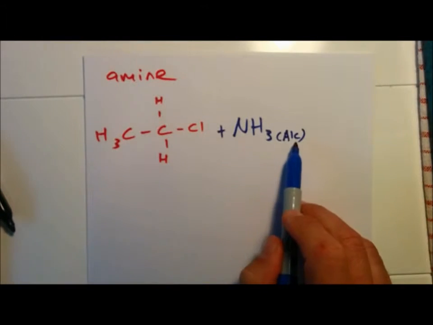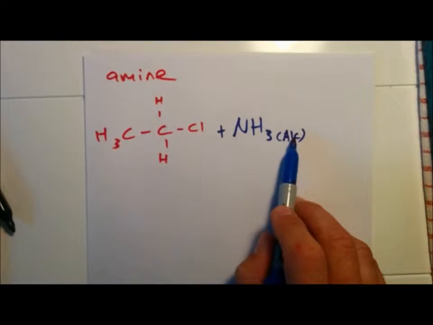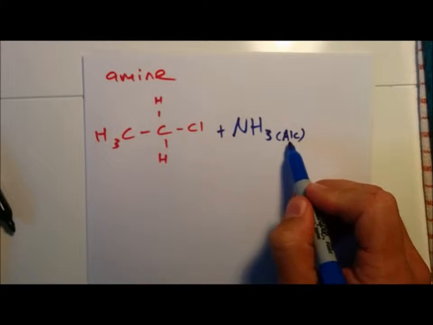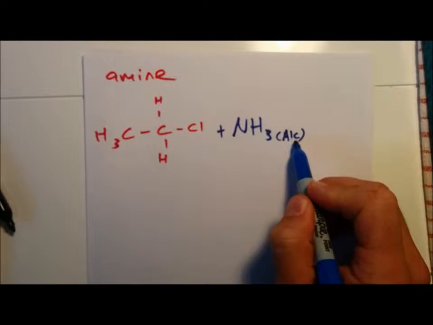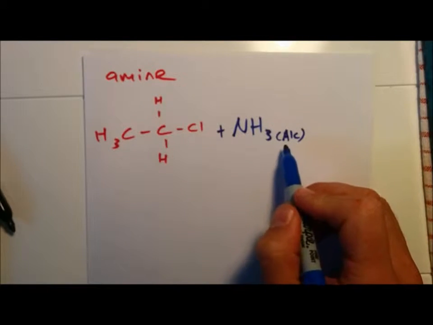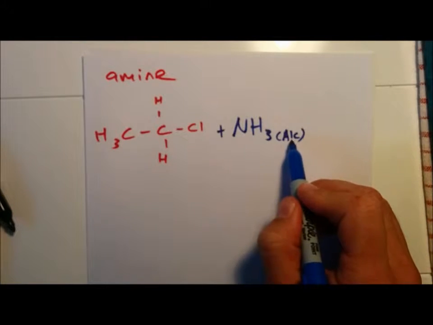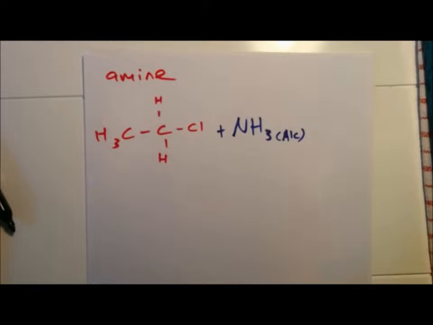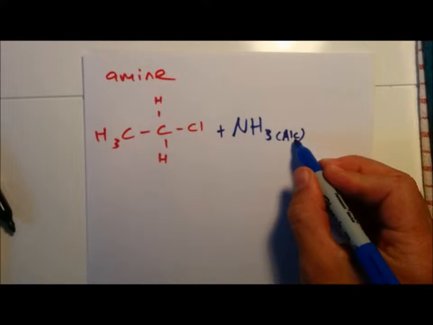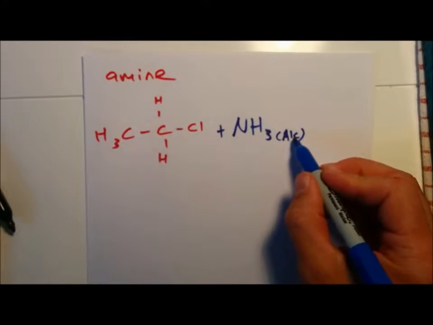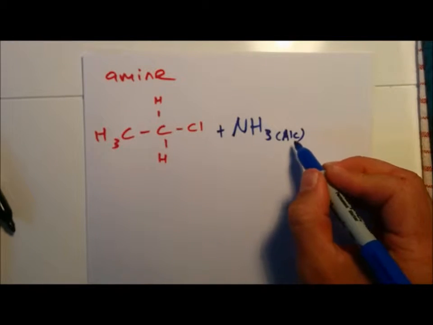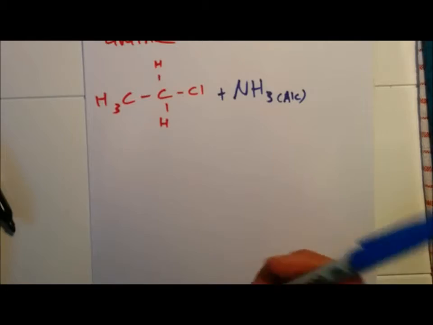So the reason we do it with ammonia dissolved in alcohol, because if we did it with water, there would be lots of OH ions available, so you would end up actually substituting the OH for the Cl and you wouldn't form an amine. So you actually have to do it where there's no extra OH ions, like in the previous reaction. So you do it with ammonia dissolved in alcohol and you end up forming an amine.